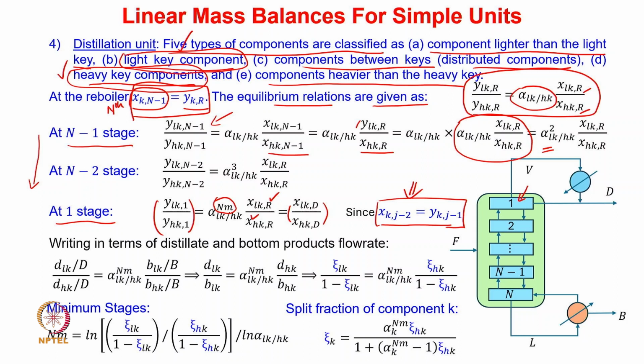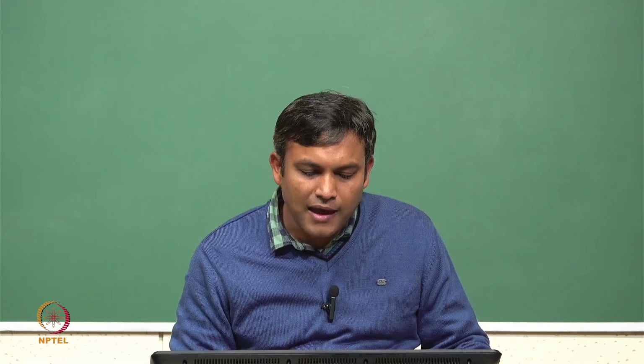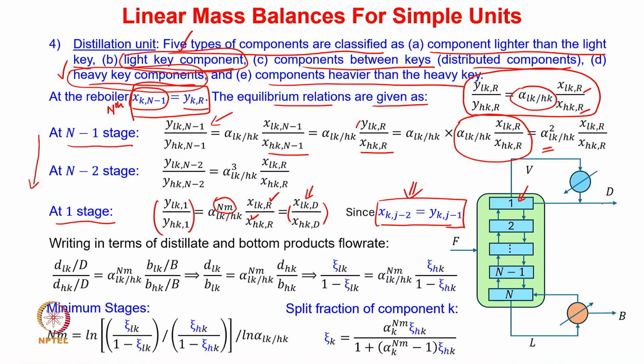So remember, vapor going out from the stage 1, mole fraction of that is same as the mole fraction of the liquid coming in the particular stage. So the liquid coming in is what? Distillate, isn't it? So clearly ylk1 is same as xlkd and yhk1 is given as xhkd. Okay, so now this is what the equation we have obtained.